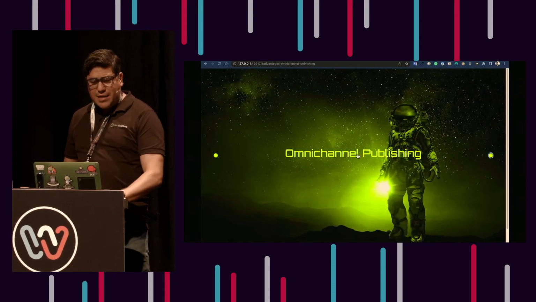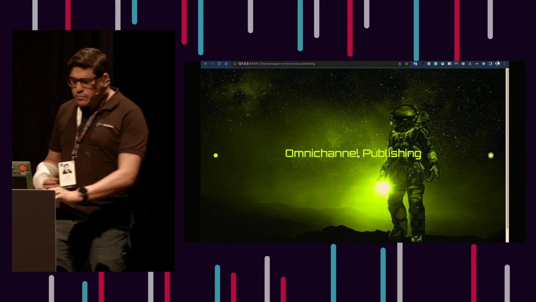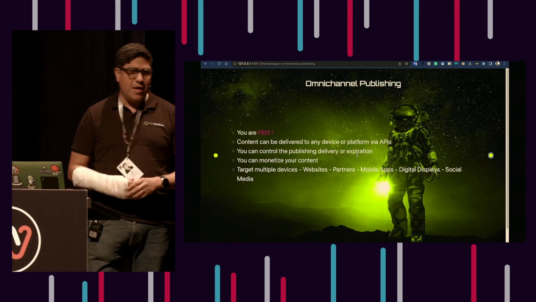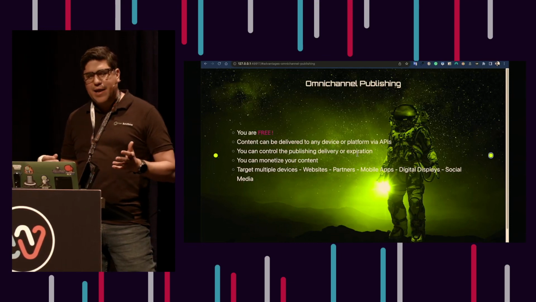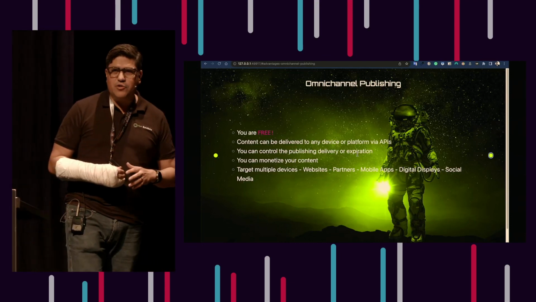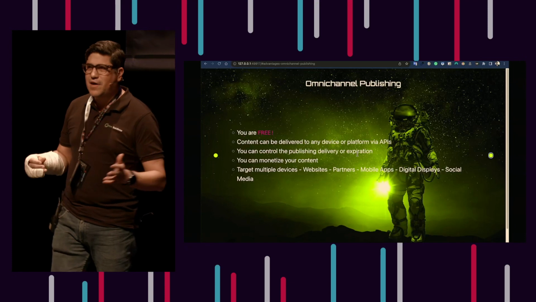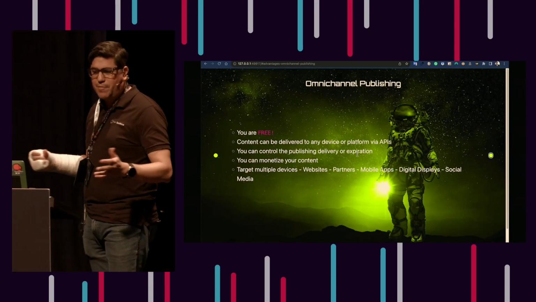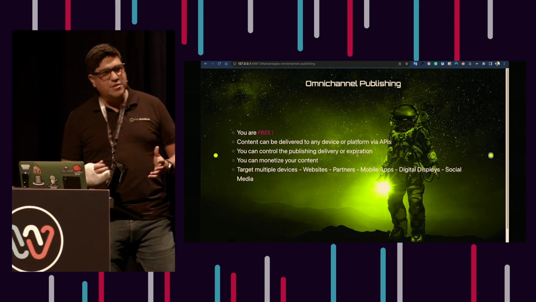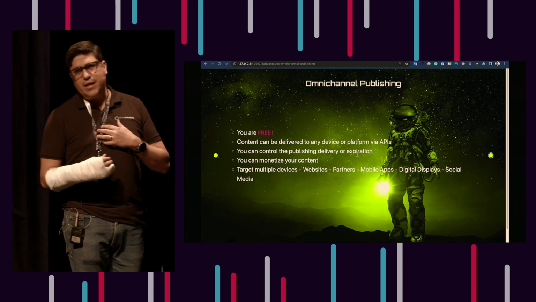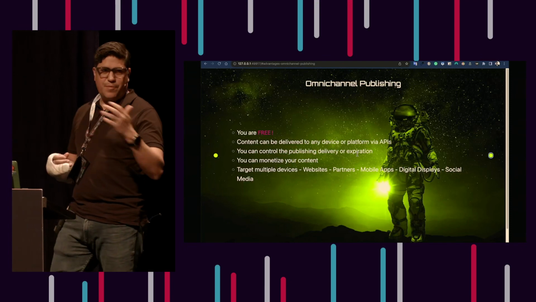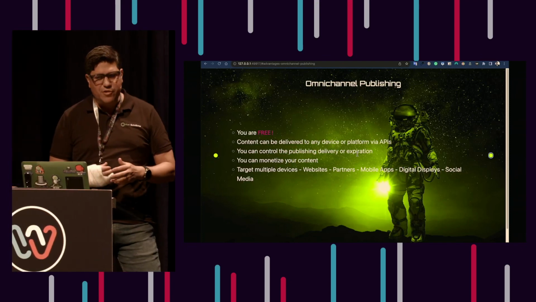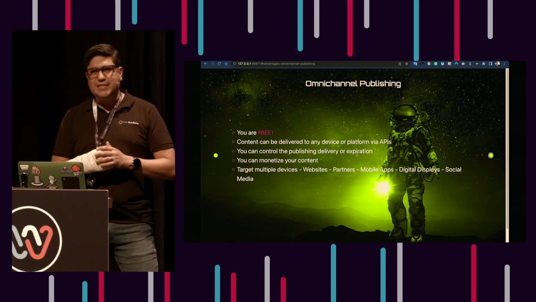The other one that I talked about is omni-channel publishing. And this is where real power can come. You really have freedom here to be able to create many different clients. Content can be delivered to any platform or any device that can make an API call. But the important thing is you, as the content delivery author, can also control when that is published. You can control the expiration dates, you can control when that goes published, you can close the floodgates if you need to.